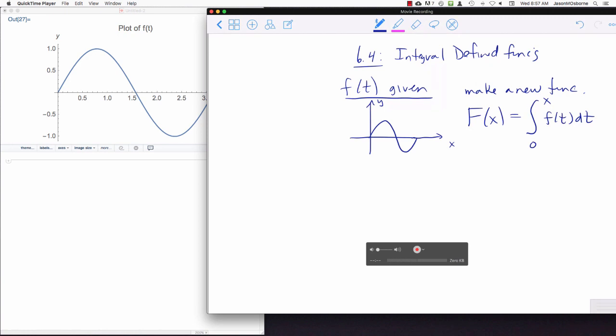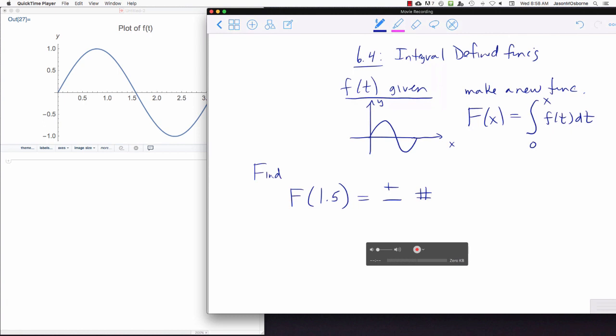Can you find capital F of 1.5 of this function, and can you answer the question, is the answer going to be a positive or a negative number?